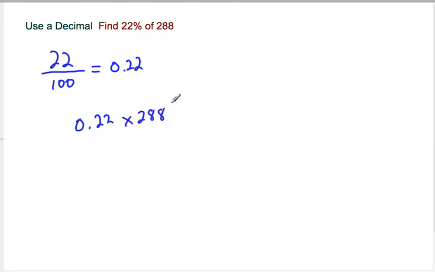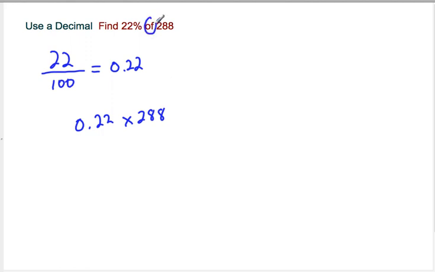Now in the last video we talked about how we could change a percent into a decimal. You'll probably remember that 22% means 22 per 100, and that when we change that to a decimal it looks like 0.22. So 22% of 288 can also be found by saying 0.22 times 288.